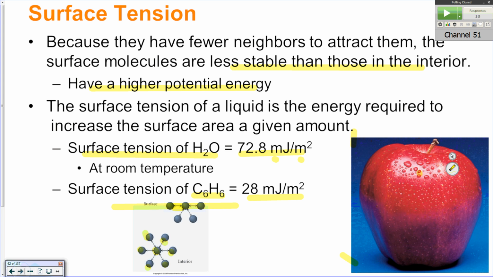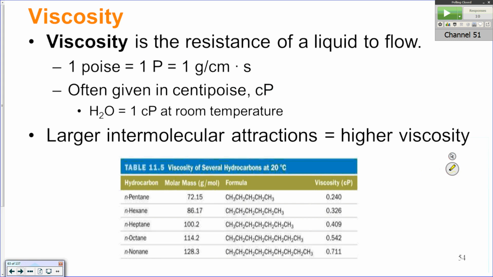drives these other properties that we see as well. One of those is viscosity, and viscosity is the resistance of a liquid to flow. So basically, we see viscosity whenever something is thick, like syrup. The unit of viscosity is a poise, and it depends on the measuring device. We have to have some reference, but it's a gram per centimeter per second.